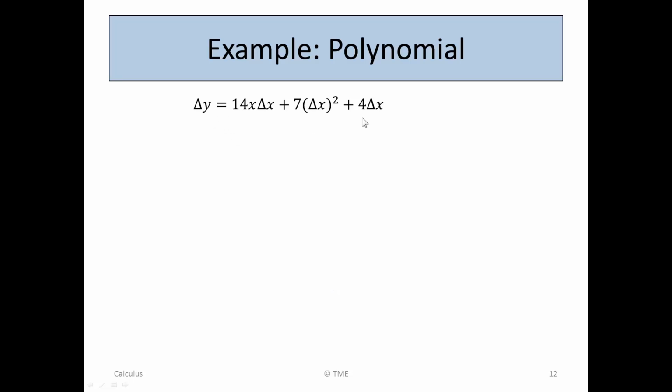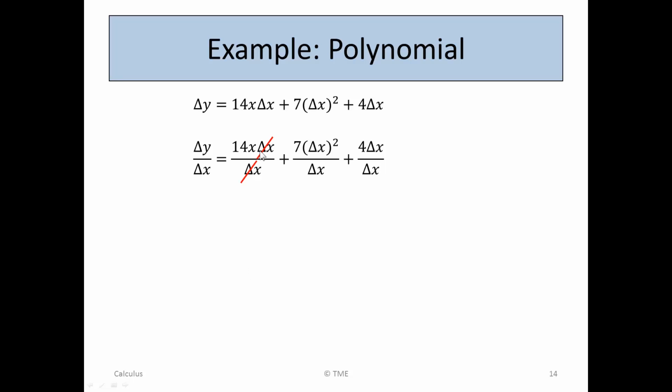So we transfer that now to the next line, and we're going to now look for delta y over delta x. So we're going to divide everything on the left by delta x and everything on the right by delta x. So delta y over delta x is 14x delta x over delta x plus 7 delta x squared over delta x plus 4 delta x over delta x.